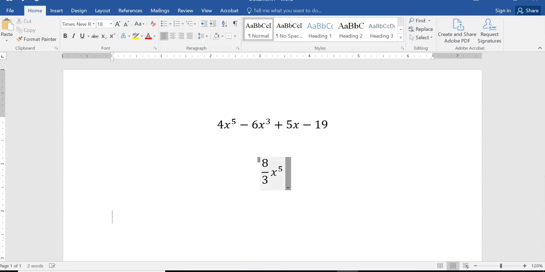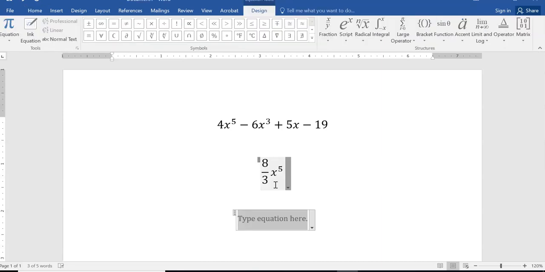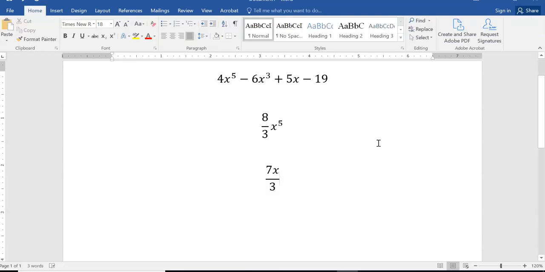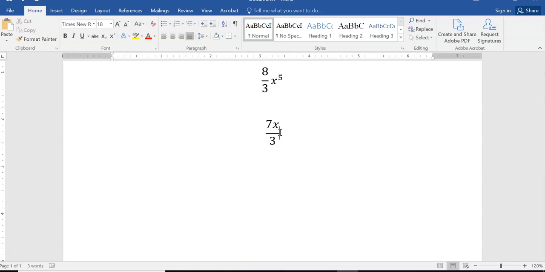In fact, another thing it's okay to do is to do something like 7x over 3. 7x over 3, excuse me, let me roll this down, is a nice term to have in our polynomial because, in fact, if you think about this, you could have rewritten this as 7/3 times x. So you could have written it as a coefficient times x.